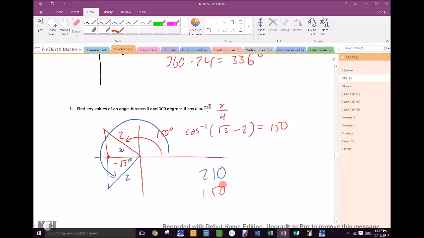Does your calculator give you the answer? Where do you get your answers? Your brain. From knowing how trig works. Your calculator gives you the tools to find the answer. Is everybody good?